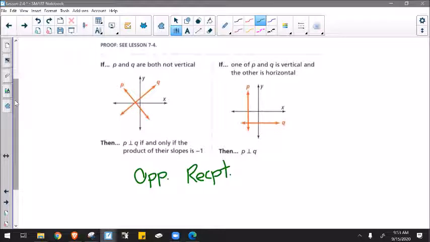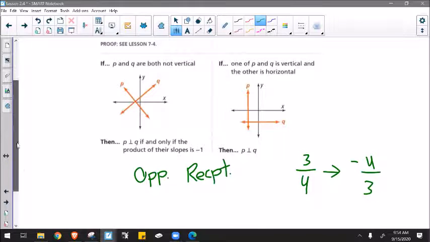An example of that would be if you have 3/4. The opposite reciprocal of that is, reciprocal means you're going to take the fraction and you flip it upside down. So you're going to have 4/3. And then the opposite means whatever the sign is, you're going to change it. So that 3/4 is positive, so that means the 4/3 needs to become negative.